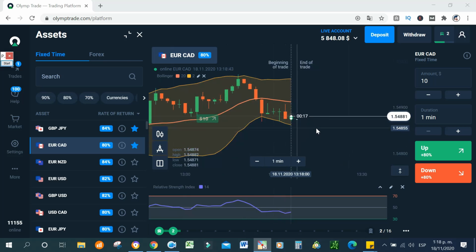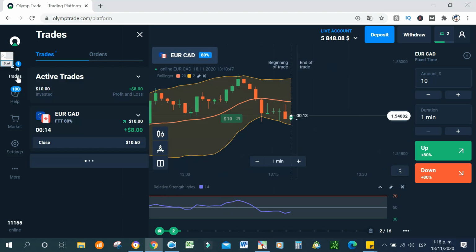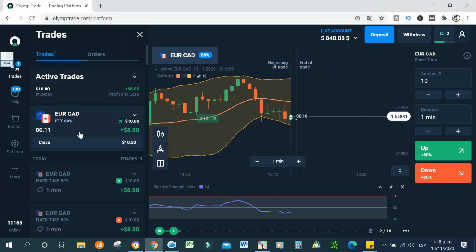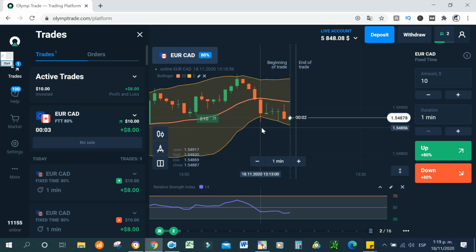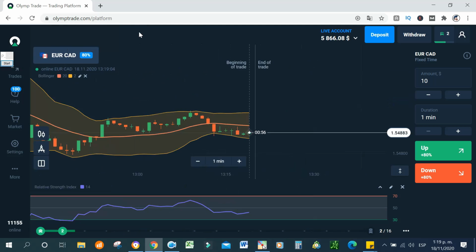So let's wait a little bit for the trade to finish. 6 seconds left. 2 seconds, 1 second. We won this trade too, guys. It's as simple as that.